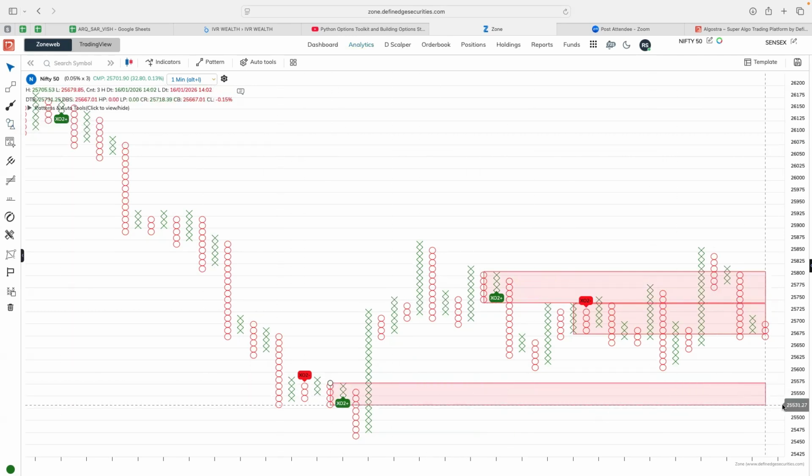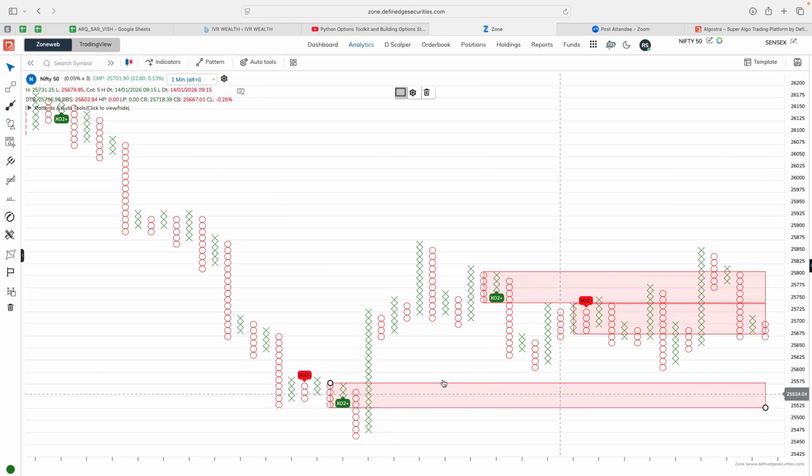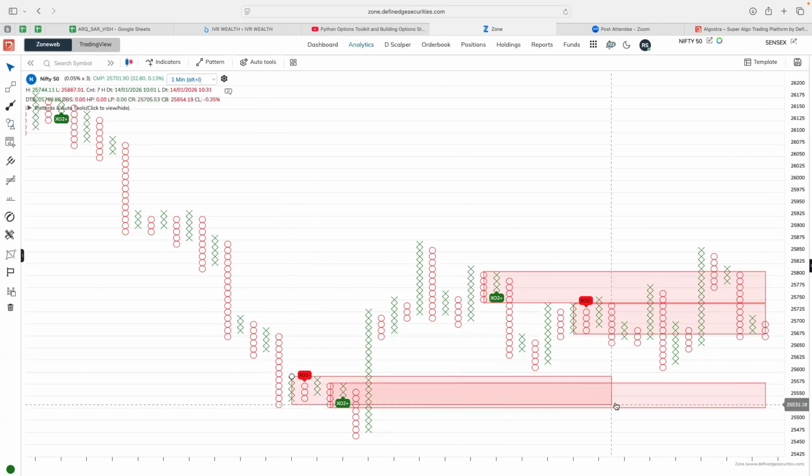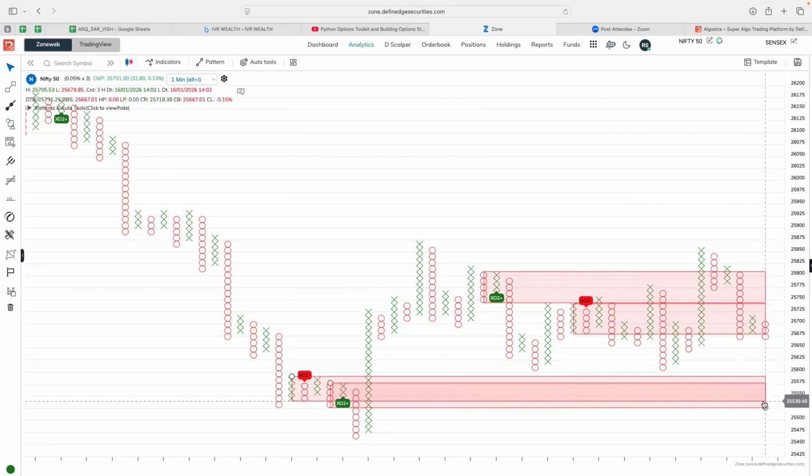This is my zone. You can make this an overlapping zone. It doesn't matter, right? That means these are extremely important levels. When they overlap, these are extremely important.